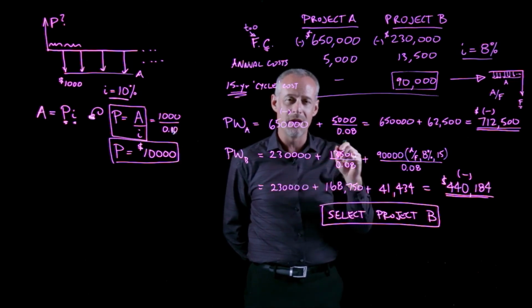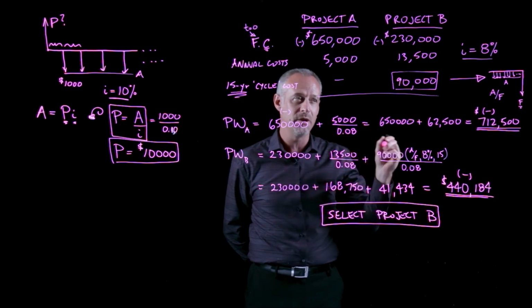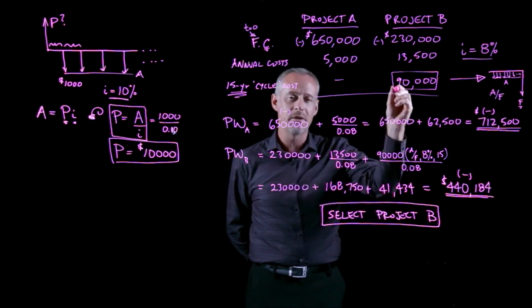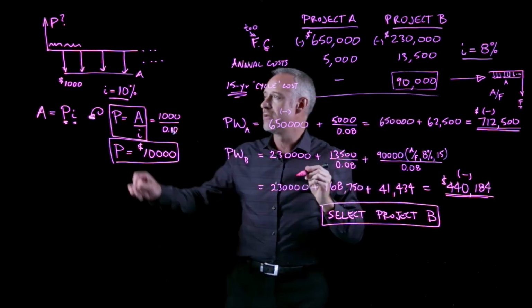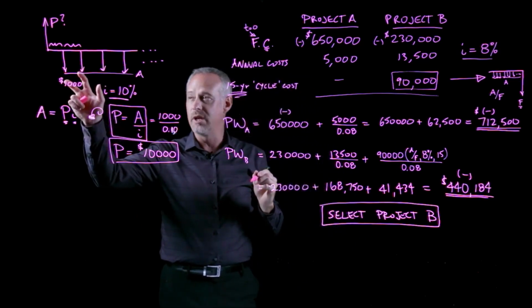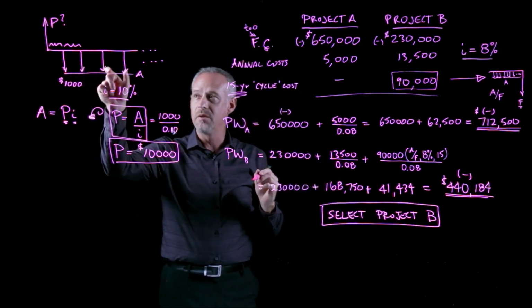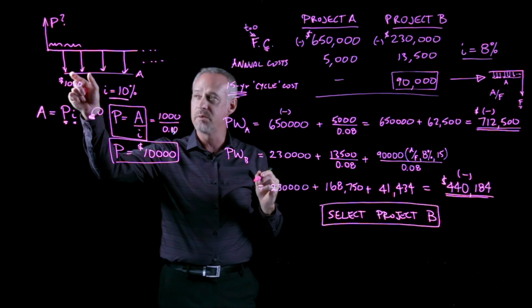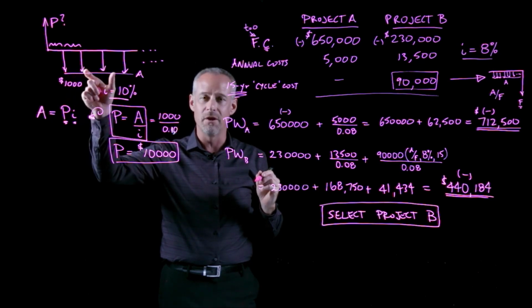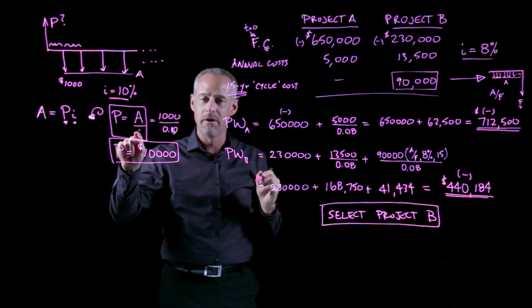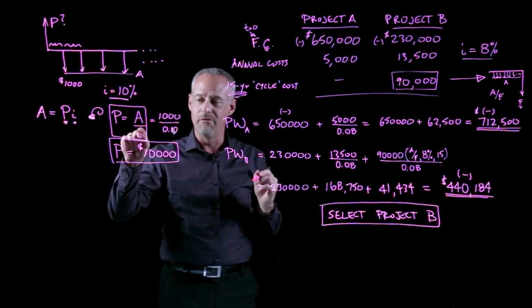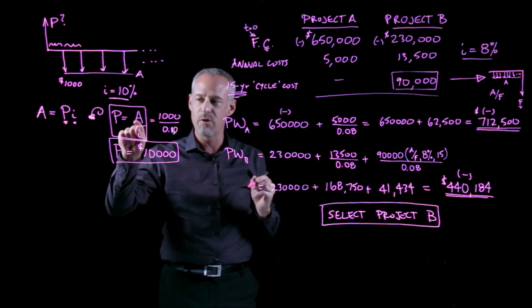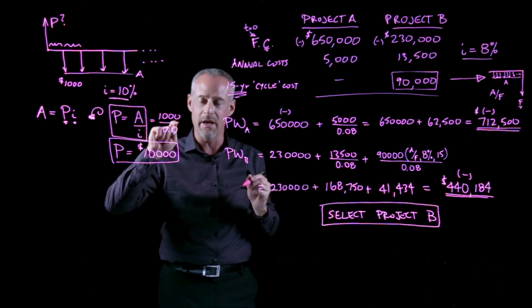And if I calculated an effective 15-year interest rate, then my 90,000 becomes the same kind of thing as this perpetuity, but instead of having the time interval between payments being 1 year, it's now 15 years. But remember, in the formula, I have to divide by I. Well, I better make sure that the value of I that I use is occurring at the same frequency as the payments, the A.